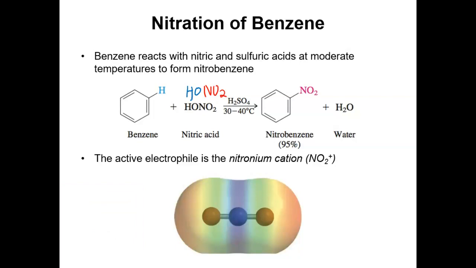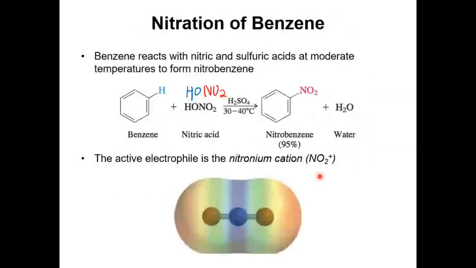Okay, so the OH is the nucleophile part, and NO2 is the electrophilic part. But this view has been experimentally confirmed: the really active electrophile is NO2 plus. Okay, so it is the nitronium cation.